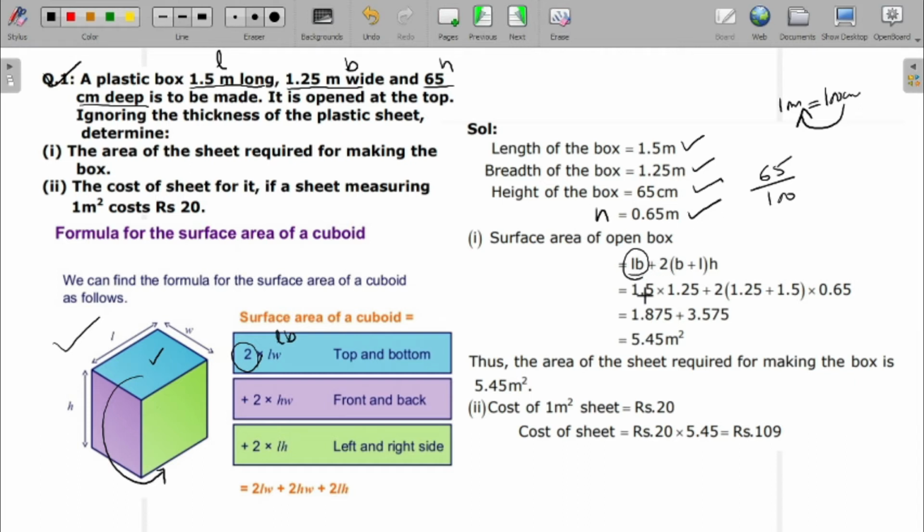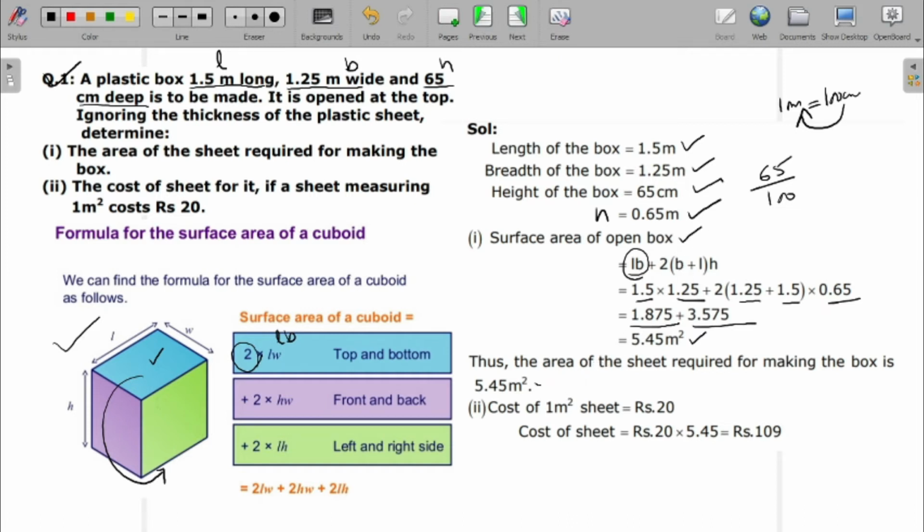So putting in the values, length and breadth, then 2 into breadth and length into height. If you calculate, this will come 1.875 plus 3.575, so total equals 5.45 meters square. This is the surface area when the box is open from the top.